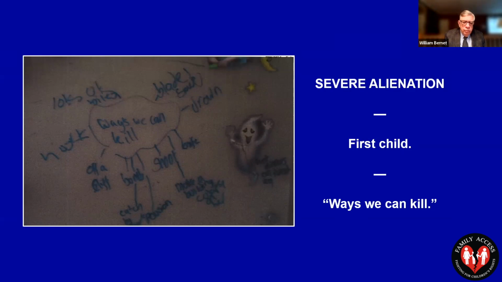It's a little difficult to read, but in the center, it says ways we can kill. And then it says off a cliff, drown the person, shoot the person, knife. These are different ways. There's a ghost here, and I think the ghost is saying ways we can kill somebody.